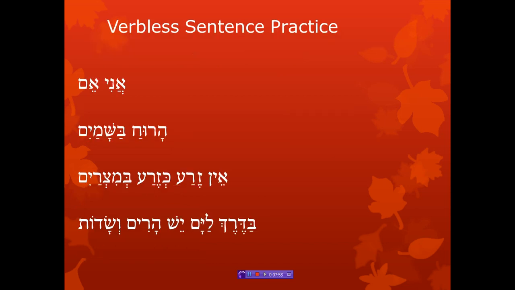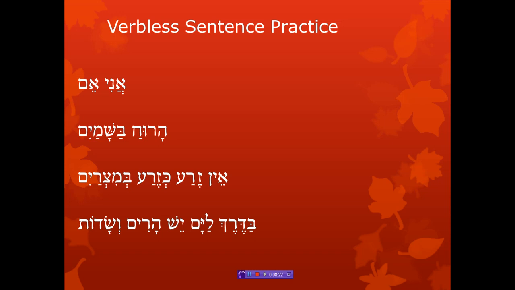Okay, let's do a little bit of practice now with verbless sentences using both yesh and ein, and then without those. So ani em. What do you notice about this sentence? Remember, when you're approaching a new sentence, always look for things that are familiar first. Grab for those things that you know first, and then move from there.